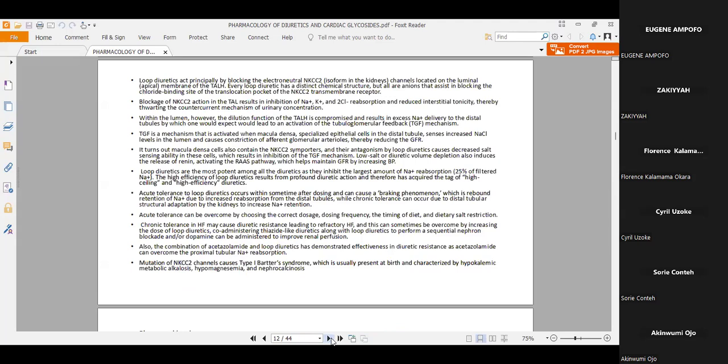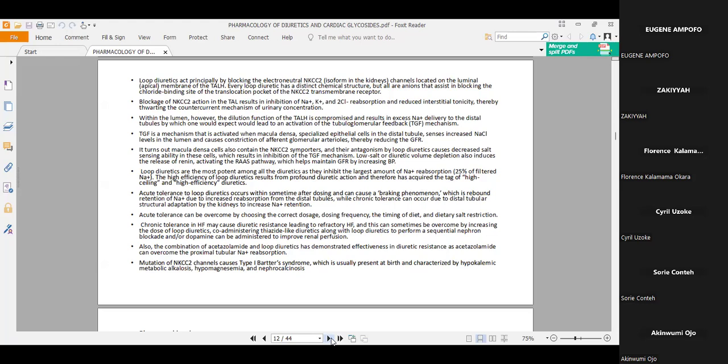So the loop diuretics act by blocking this sodium-potassium-2-chloride co-transporter channel. Blockage of this channel results in inhibition of sodium, potassium, and chloride reabsorption. This will lead to a reduced interstitial tonicity, thereby thwarting the countercurrent mechanism of urinary concentration.